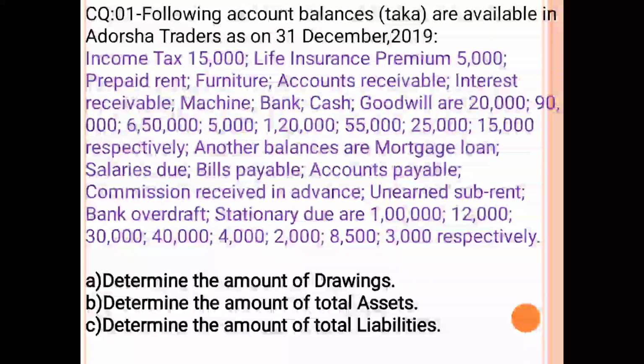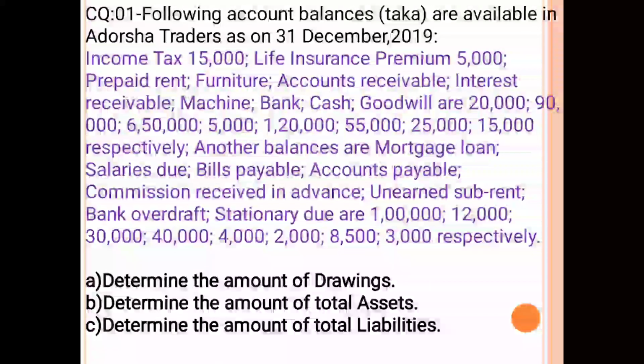You know, totally 5 types of account according to the modern concept, and 3 types of account according to the traditional concept. But you are watching in my stem in the question: Requirement A, determine the amount of drawings. Second one, determine the amount of total assets. Third one, determine the amount of total liabilities.